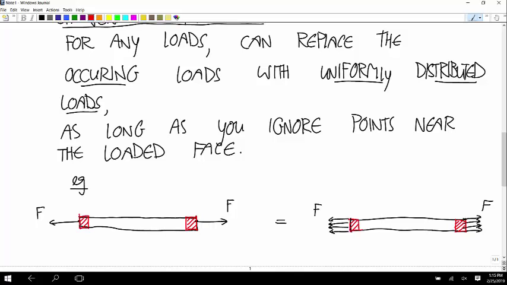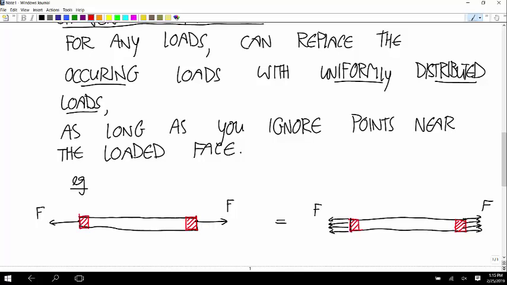We don't have a way to do that calculation, but we have a way to do the calculation of the stresses at the points in this one, okay? So we're not going to trust anything we get from the two ends. Those are the loaded faces. And everything in here is going to basically be correct, okay?